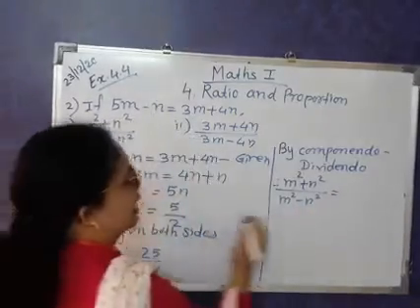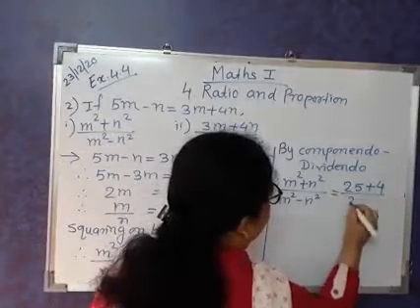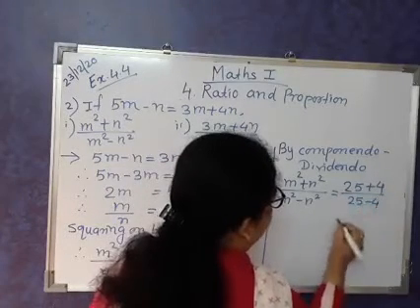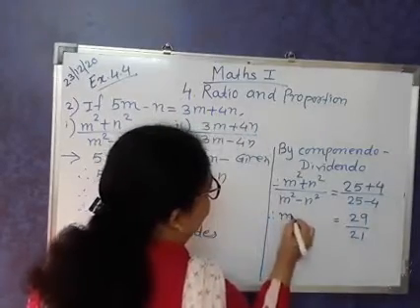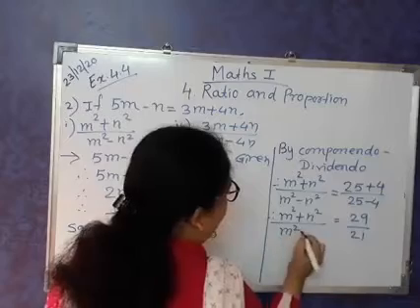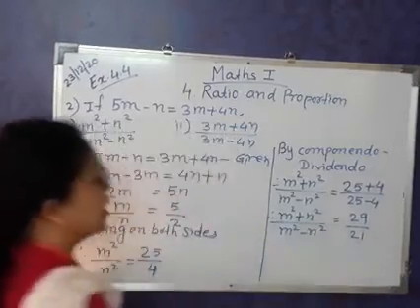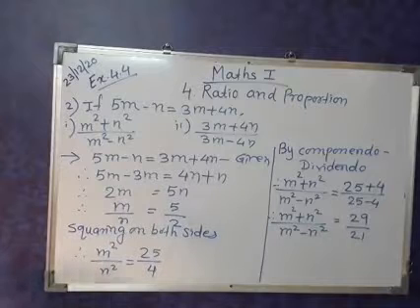Whatever we do on the left hand side, we have to do the same on the right hand side. So we get 29 upon 21. So the value of m square plus n square upon m square minus n square, we get as 29 upon 21.